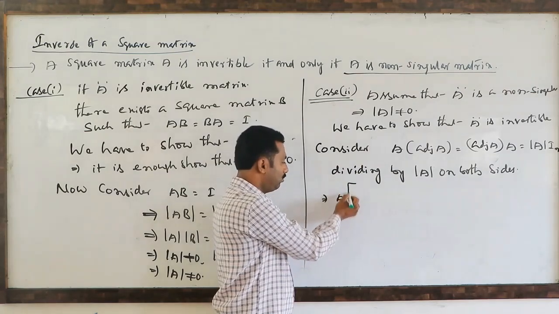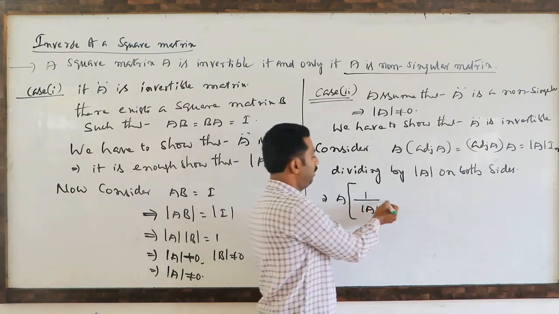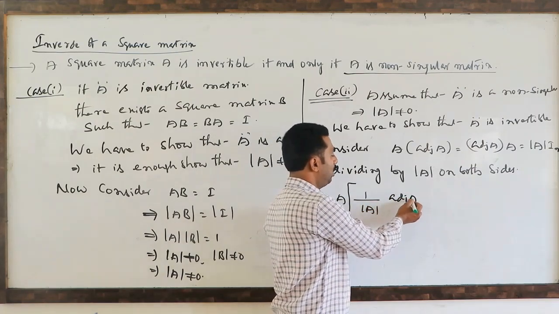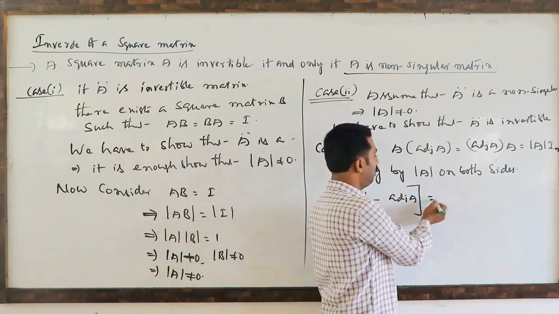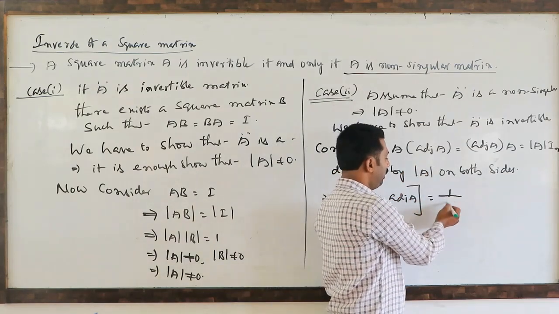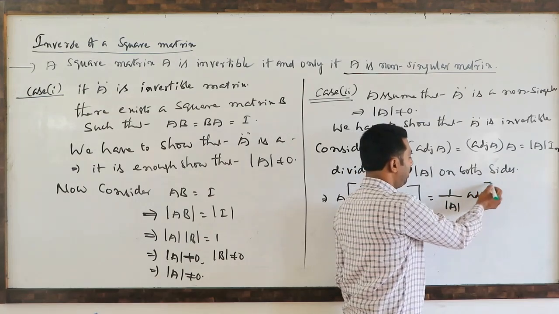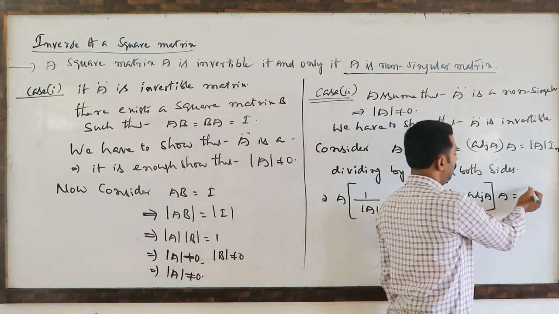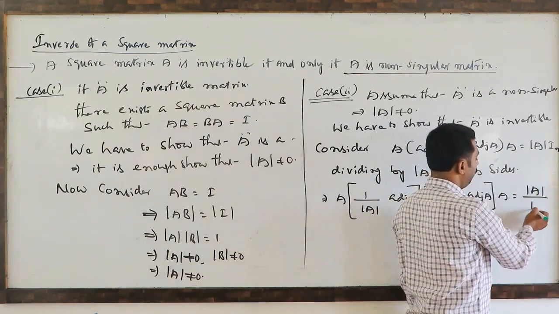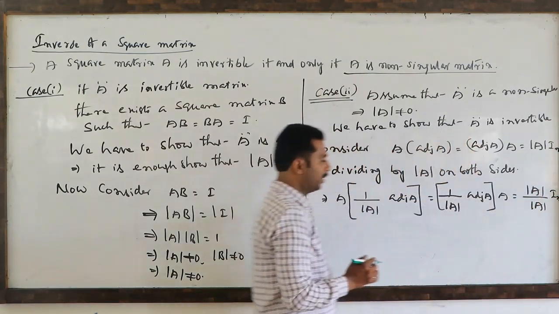First A into 1 divided by determinant of A into adjoint of A, equal to, and 1 by determinant of A into adjoint of A into A equal to determinant of A by determinant of A into I n.